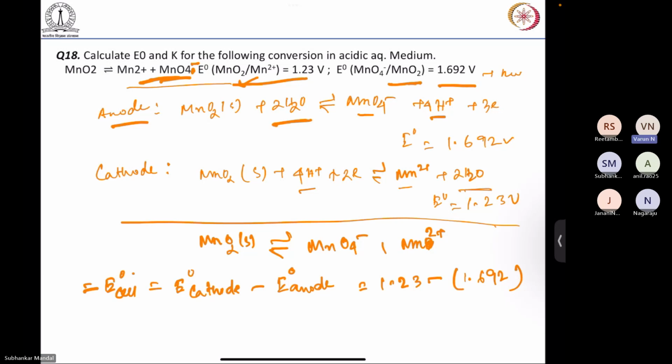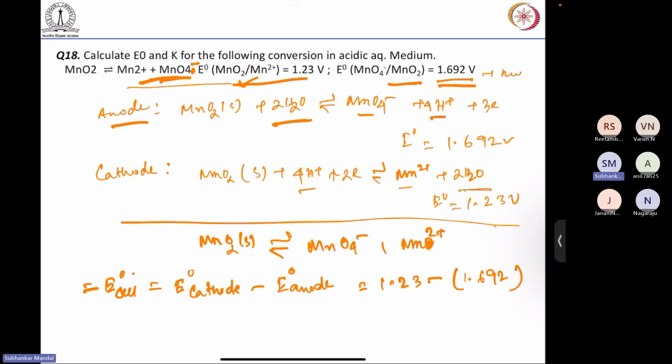So we have to interchange anode and cathode, sir? Let me think once. This is the highest one, this will be the cathode. The first combination is the least one, it should be anode. So then the E naught of the cell is E cathode minus E anode, 1.692 minus 1.23, not 1.23 minus 1.692. Correct, sir? Yes, that is correct.